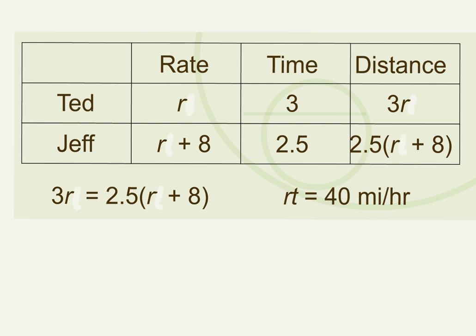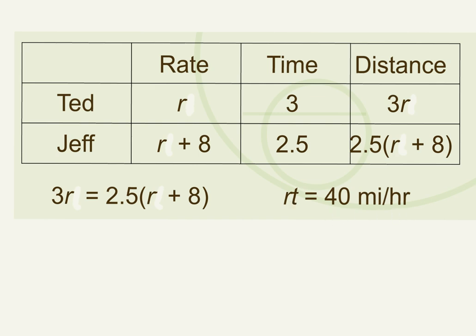What we also know is that they started at the same point and ended at the same point. So these two distances are the same, which means you set them equal to each other. Once you set them equal to each other, you're going to do your basic equation solving, distribute that. We're going to move our variables to one side, numbers to the other, and divide. And we're going to have that the rate we were looking for was 40 miles an hour.